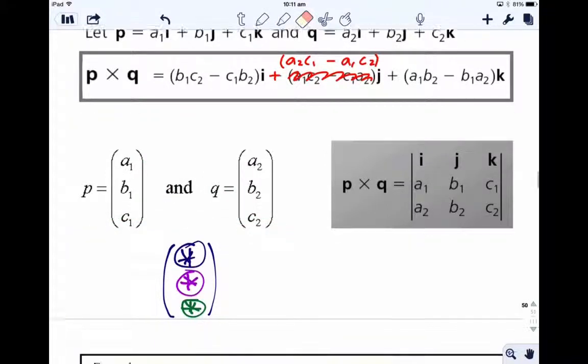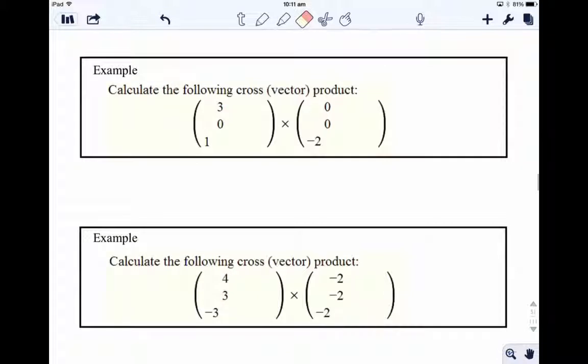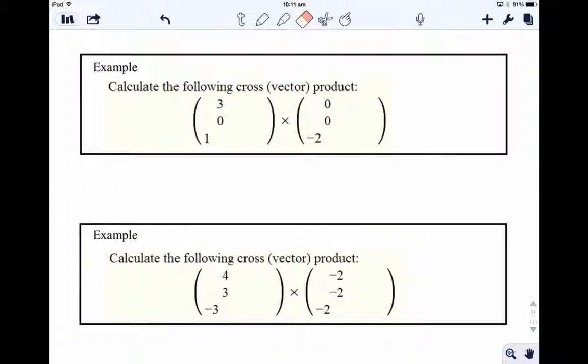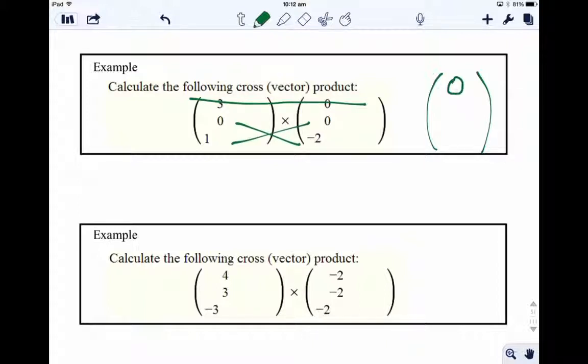Let's do one. Calculate the following vector product for these two here. Alright, so to get the top number, I'm going to ignore the top line. This times this minus this times this. So 0 minus 0, 0. Easy. Second one, I'm going to cross out this.